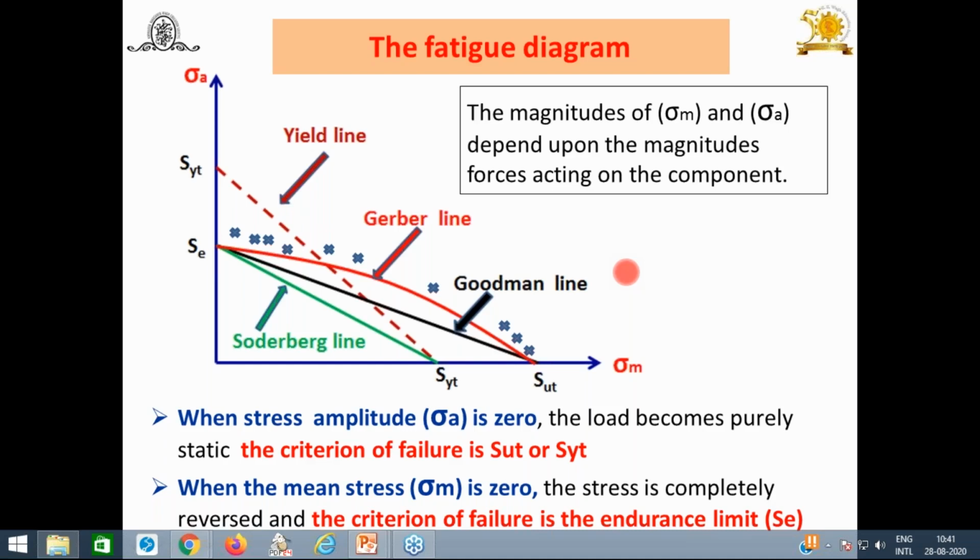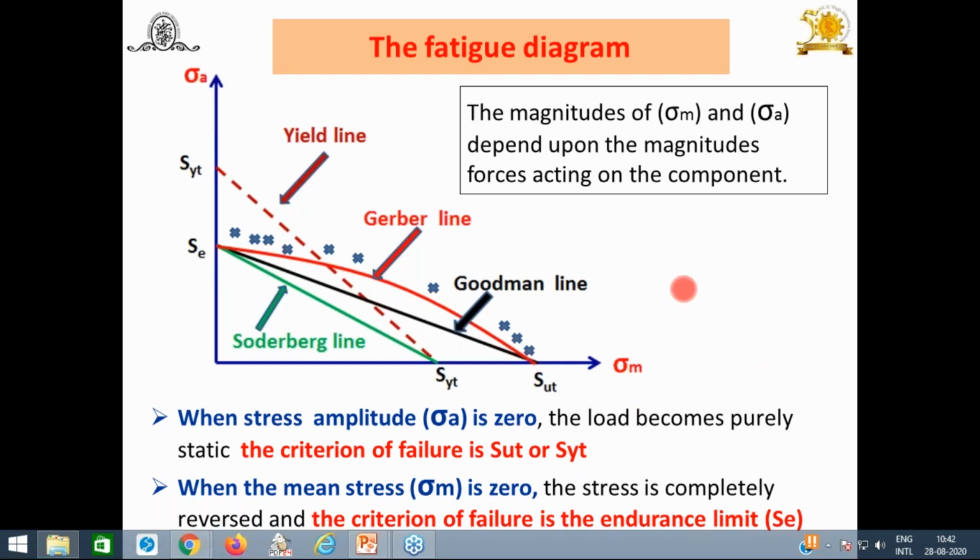There is sigma M and there is sigma A, or a combination or variation in sigma M and sigma A. That means in one cycle, the maximum magnitude is, suppose, 10 kilonewton and minimum 5 kilonewton. In the second cycle, the maximum magnitude is 20 kilonewton, minimum 10 kilonewton, and the cycles are going to vary. That is a varying load condition. That means for one cycle, sigma mean and sigma A are different. In the second cycle, sigma mean and sigma A are different.